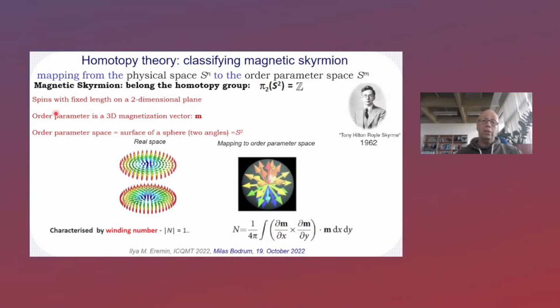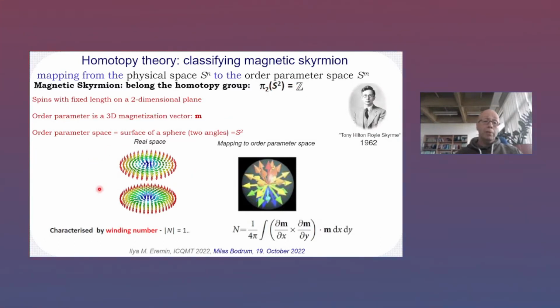In this case, for the skyrmions, you have spins with a fixed length on the two-dimensional plane, and your order parameter is a 3D magnetization. So your order parameter space becomes the surface of a sphere described by two angles, S2. And you can have topological defects which you cannot easily remove in this case.